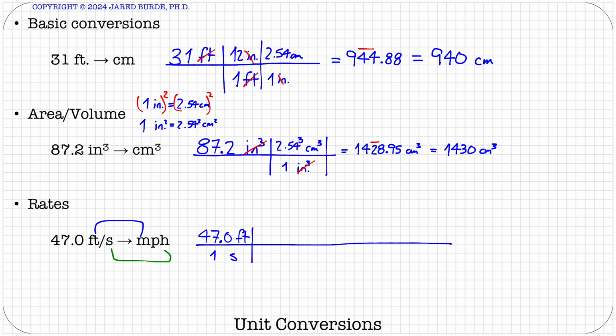So going from feet to miles, we can say there's 5280 feet in 1 mile. And there we've done our numerator conversion. And now we have 1 second here. Technically, you'd go seconds to minutes to hours, but there are 60 seconds in 1 minute, and there are 60 minutes in 1 hour.